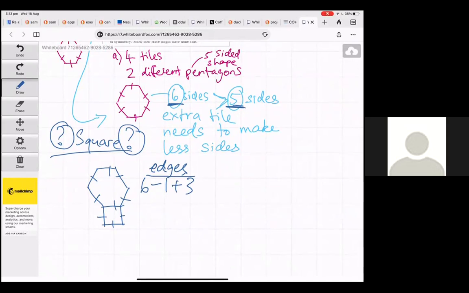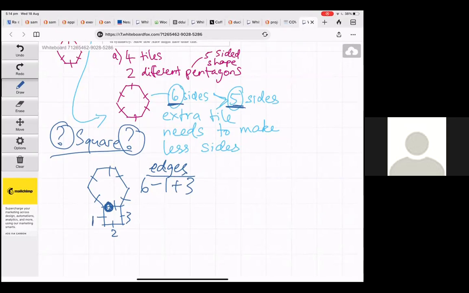Oh yeah, 6 minus 1 because we used 1 where both join together. Plus 3 for the rest of the square. Yeah, exactly. So it's the 6 original sides, and then we minus this one because we just joined it into the shape, so that is no longer a side.